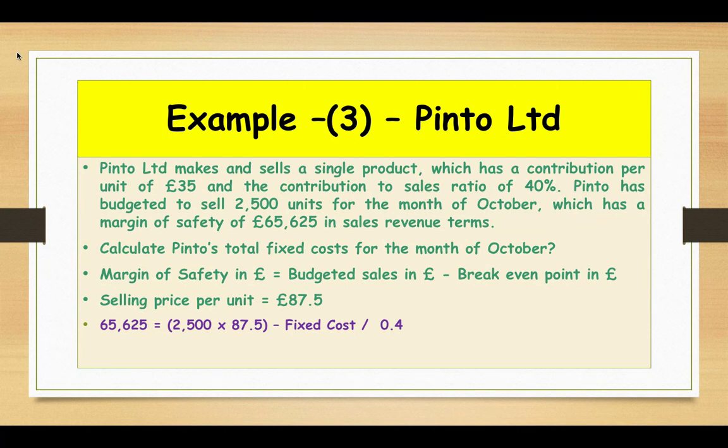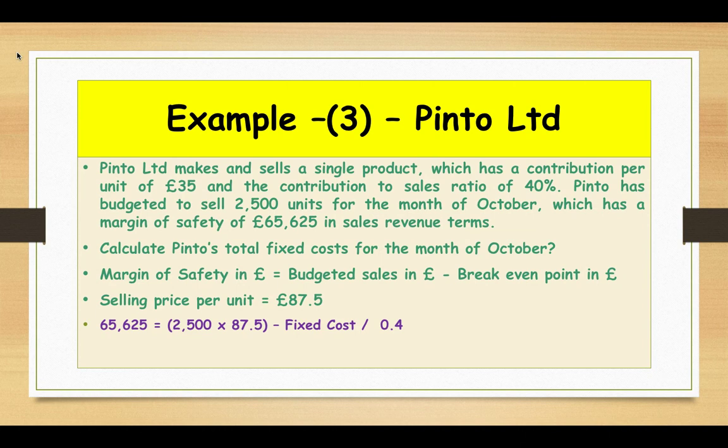Okay, now we are going to apply this in the margin of safety formula. We know the margin of safety in money value, which is given, which is 65,625, is equal to our budgeted sales in money value, which is 218,750, take away the break-even point in money value.